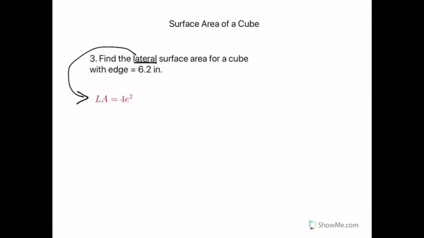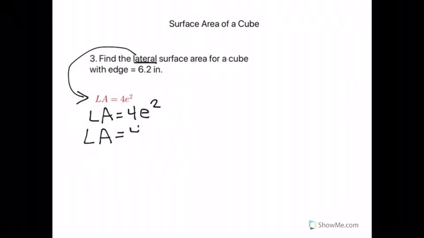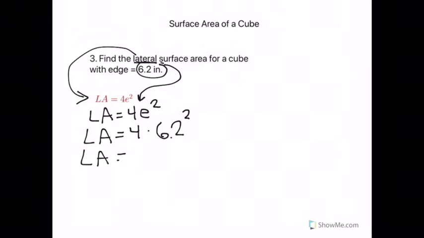So your first step is always write down the formula you're using. LA equals 4 times e squared. Now I simply put in 6.2 in for e. And that is squared, which is the same thing as 4 times 6.2 times 6.2.